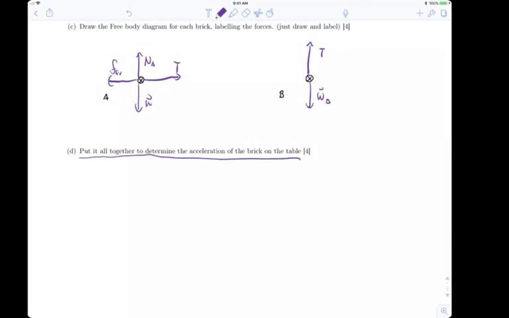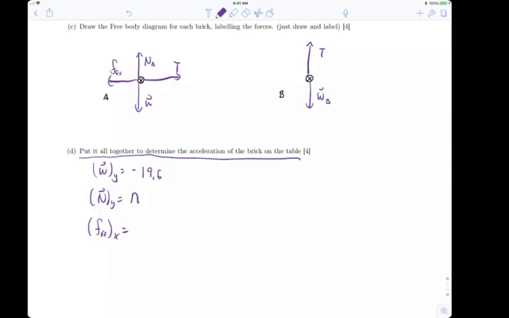Okay, so let's start. The weight is in the y direction, and it's minus 9.81 times 2, so it's minus 19.6. I don't know what the normal force is in the y direction, so I'll call it little n. The friction force is in the minus x direction specifically.